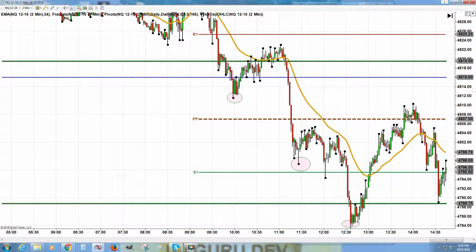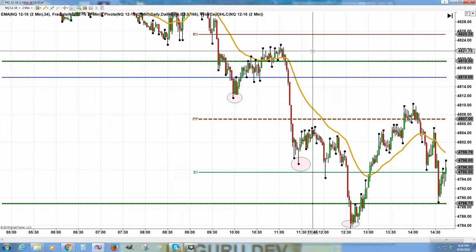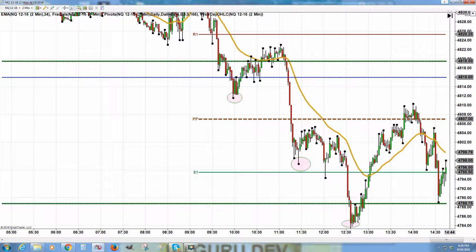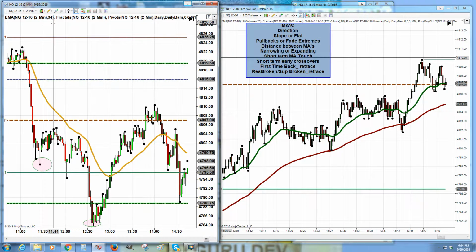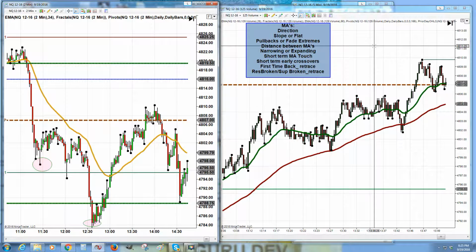So we talked about how I just put up this one moving average on a 2-minute chart I'm using, and you could use other time frames like 5-minute or 1500 tick or whatever you like. But what we're looking at is we're going to combine 2 time frames, and I'm combining the 2-minute on the left and the 125 volume on the right.